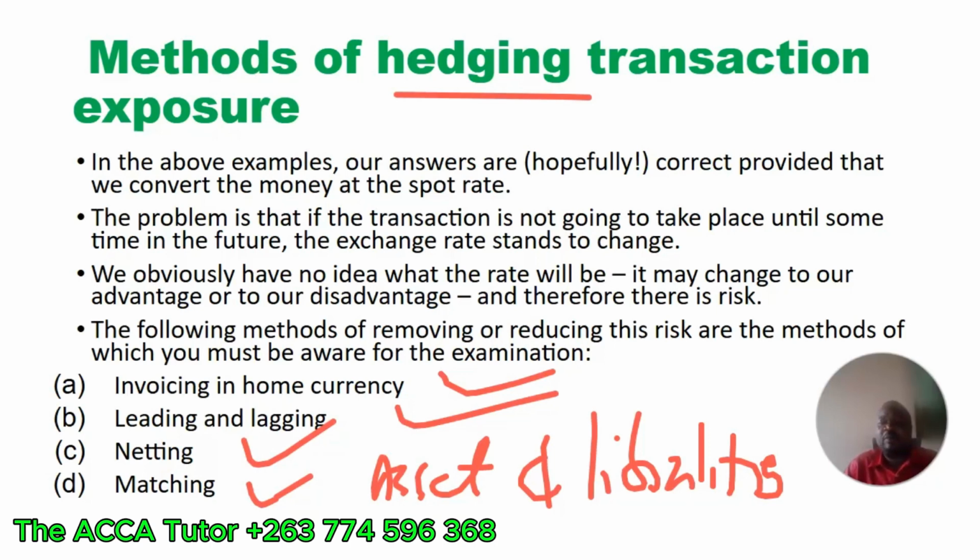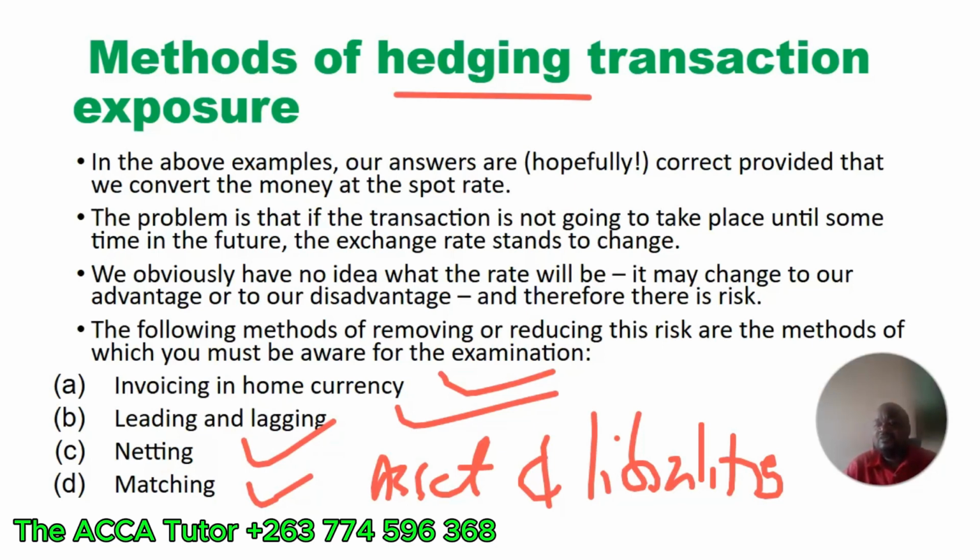Let's say you are operating in a country that has got a certain risk profile, and you have got also operations in other countries. Then what you need to do is to ensure that the assets in, say, a foreign country should be matched with liabilities with similar risks in that country.